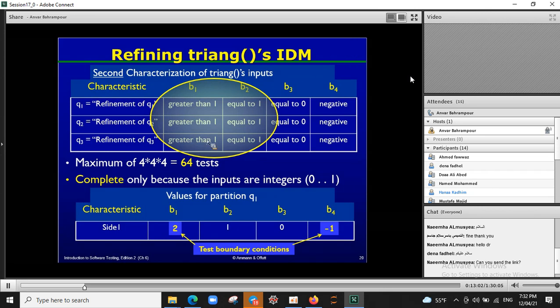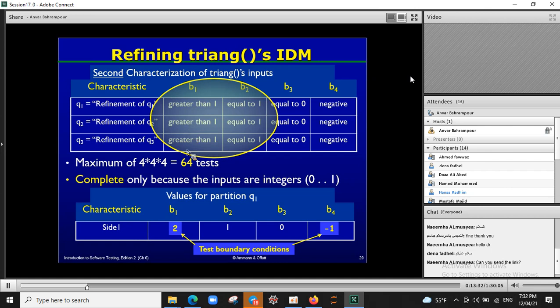And for choosing values from each block, we simply could use boundary values. For example, when we want to choose a value from block B1, where all elements are greater than 1, the boundary value is 2.